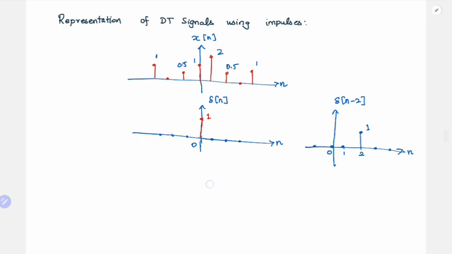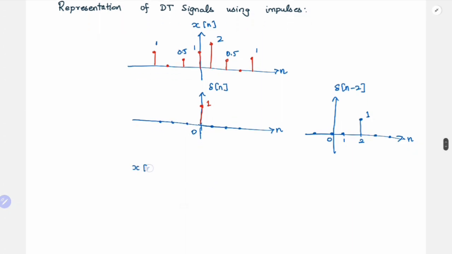So what I can do is write x of n as a sum of, let me first write it as x of 0 into delta of n plus x of 1 into delta of n minus 1 plus x of 2 into delta of n minus 2 and so on.